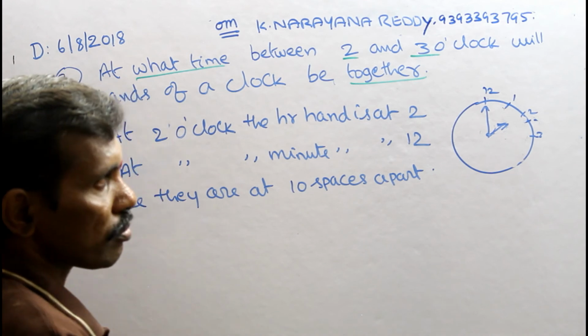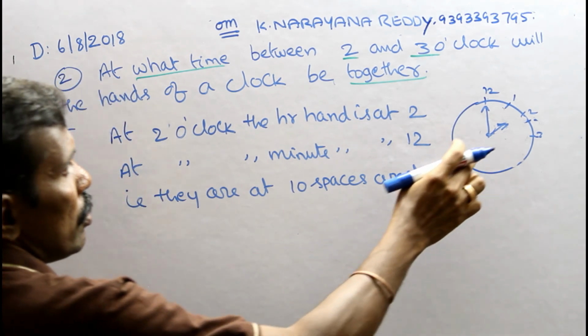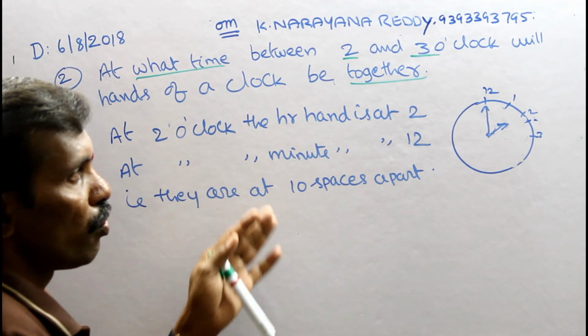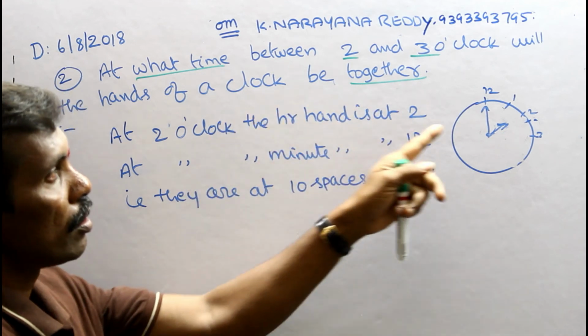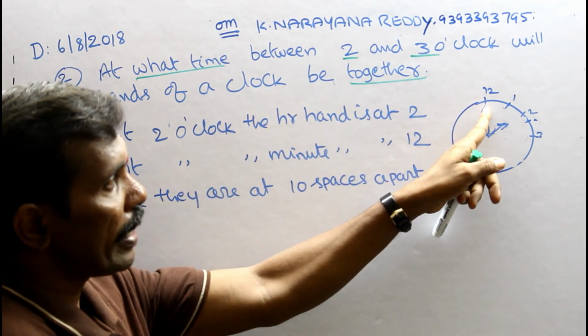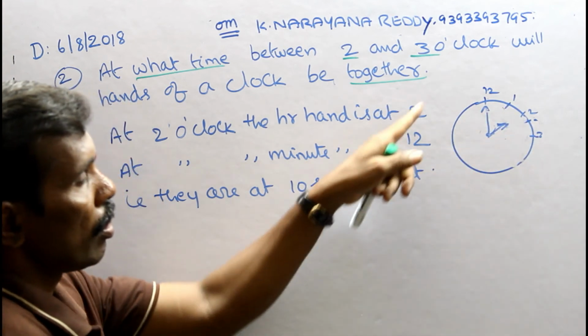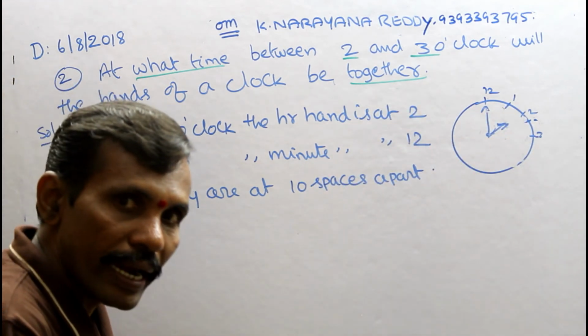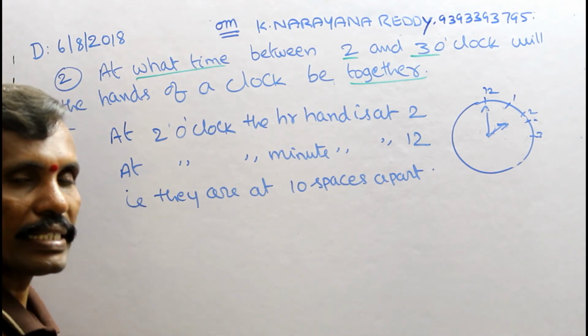So, 2 o'clock means what? The minute hand will gain over the hour hand by 55 minutes in 1 hour.